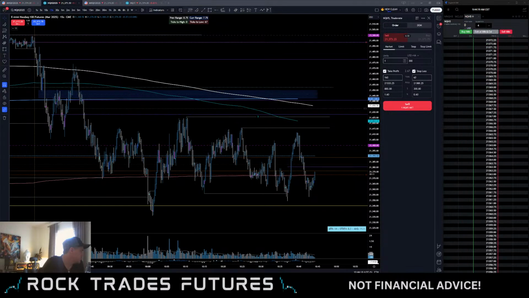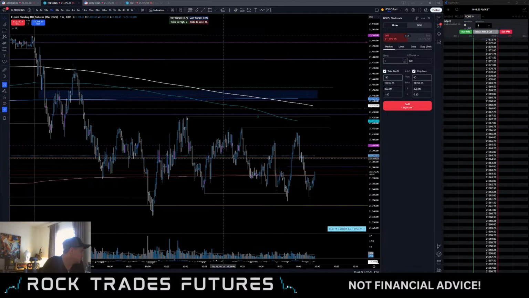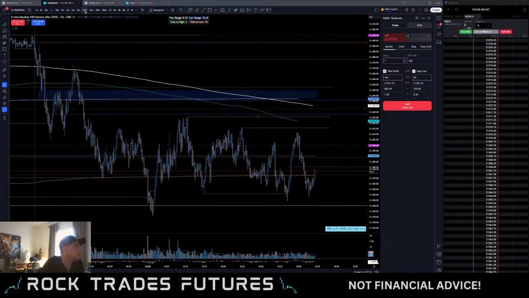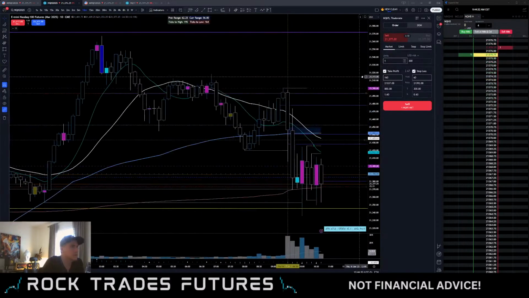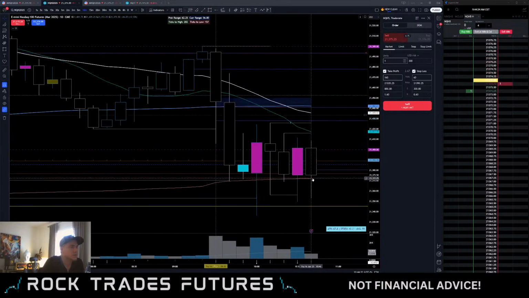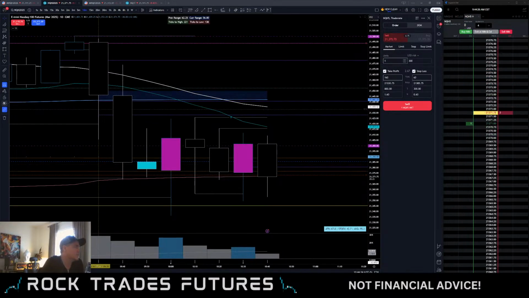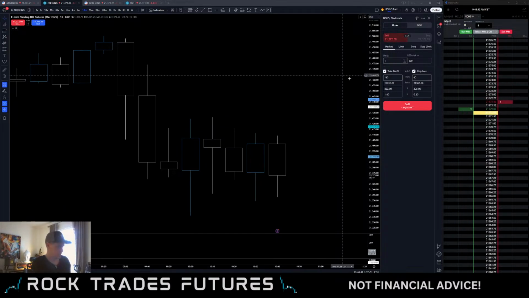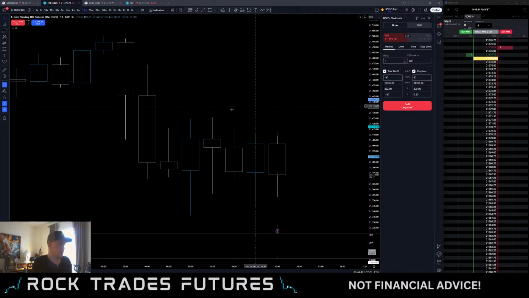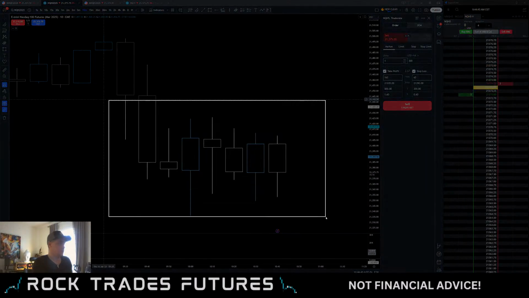We're inside the range on the 20, the 30. Let's see, perfect depiction of today's price action is displayed here. Boom. I'm actually going to take a picture of this beauty.